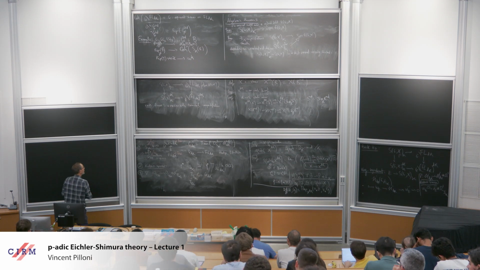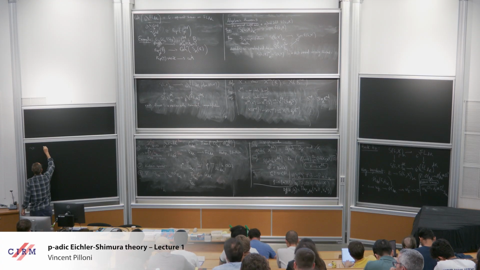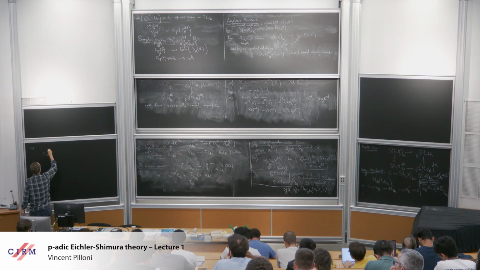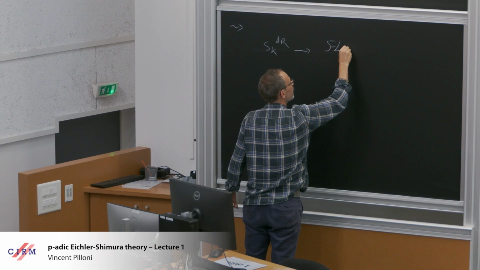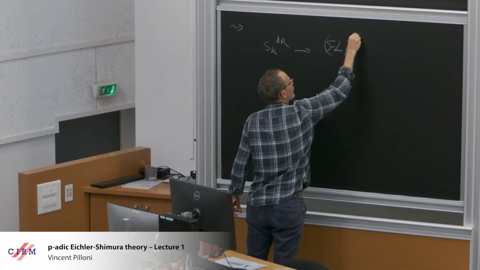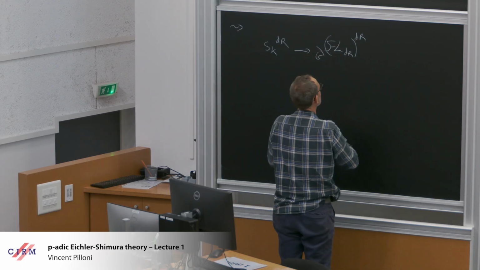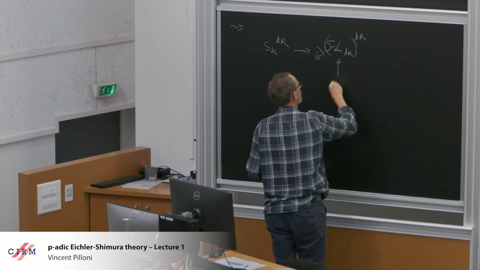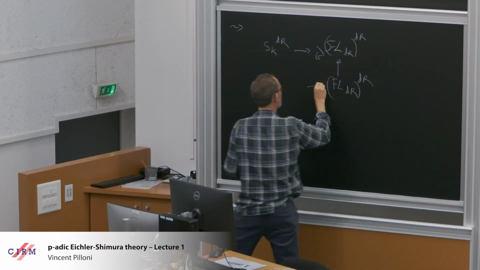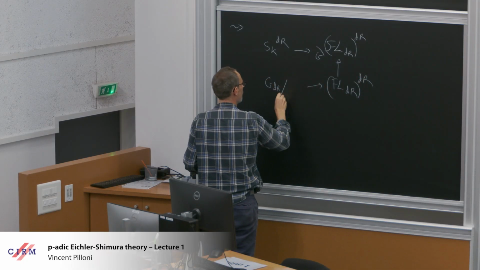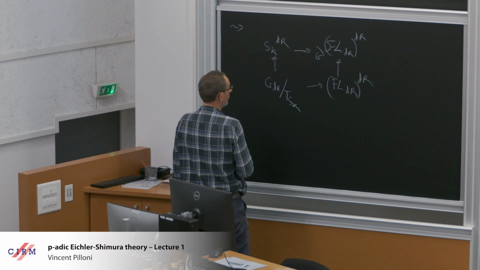And so I now get SK de Rham goes to FL de Rham mod G. That's because I have some FL de Rham, and here I have G de Rham modulo T SK.